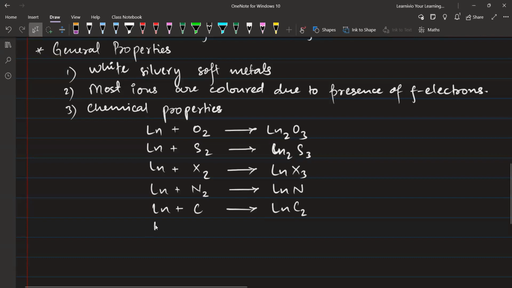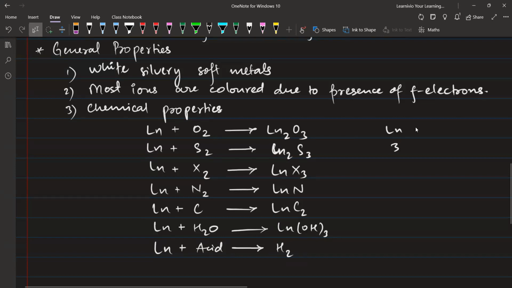Next is Ln plus water. It will be hydroxide, which will be of the formula Ln(OH)3. If I have lanthanides plus any acid, HCl वगैरह, it is going to liberate H2 gas. ठीक है? So all of these reactions you don't have to memorize. Just remember this.